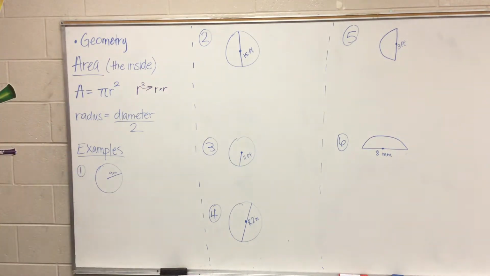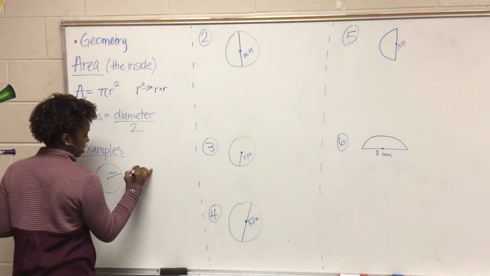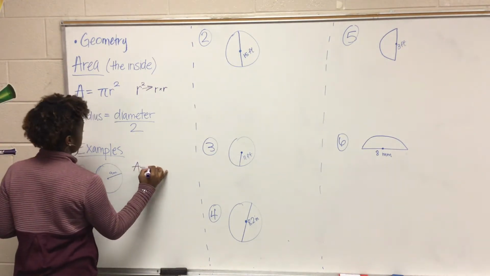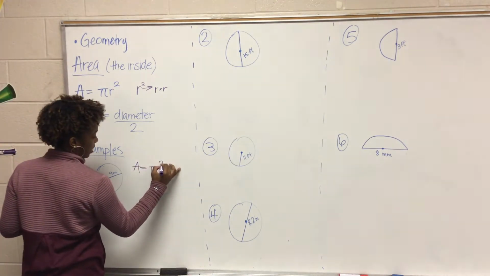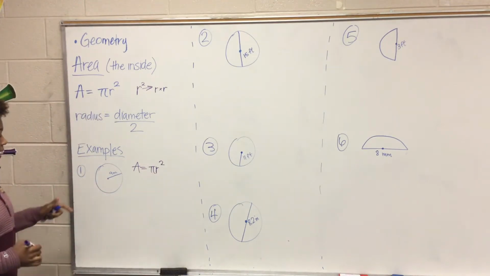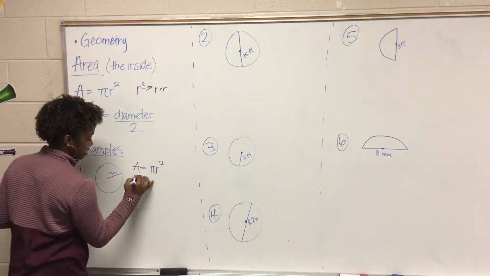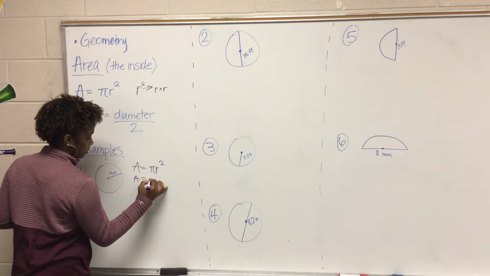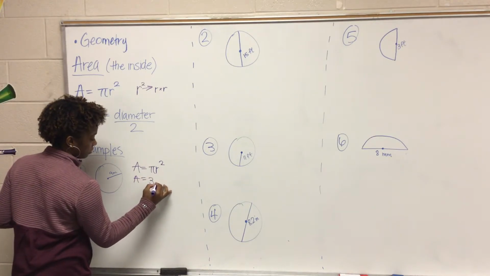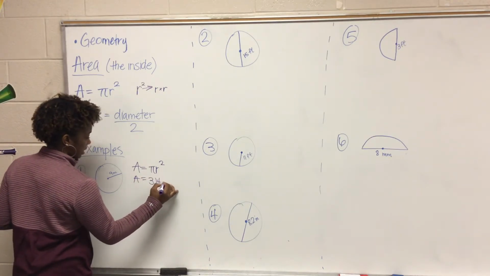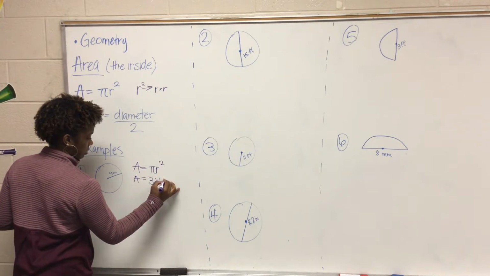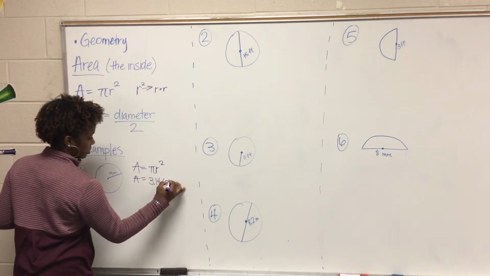Example 1, we have a radius of 9 meters. The first thing, of course, is to write my equation: pi r squared. Then I fill in. So the area equals 3.14 times 9 squared.